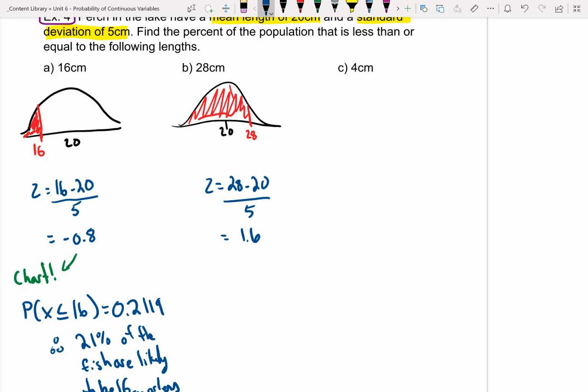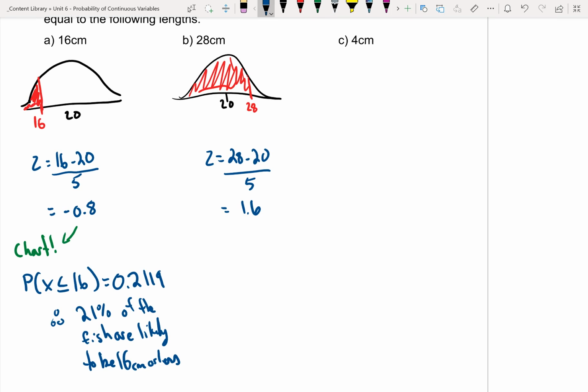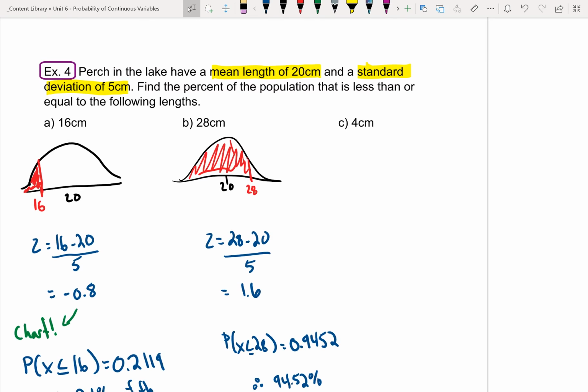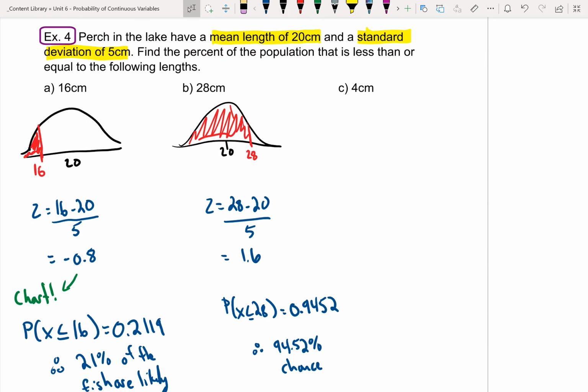And when I go to the chart, I get that the probability that x is less than or equal to 28 is 0.9452. So therefore, a 94.52% chance of catching a fish that is 28 centimeters or less.